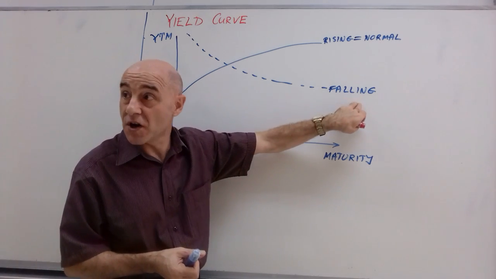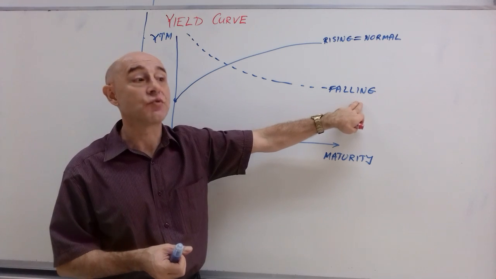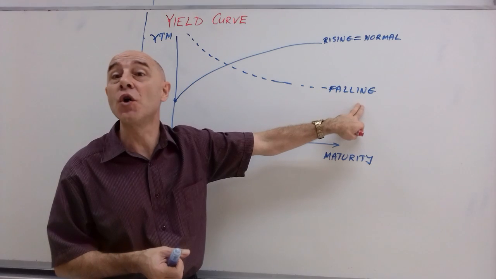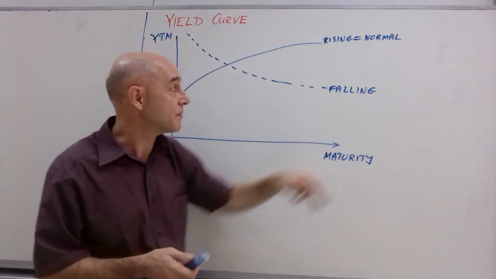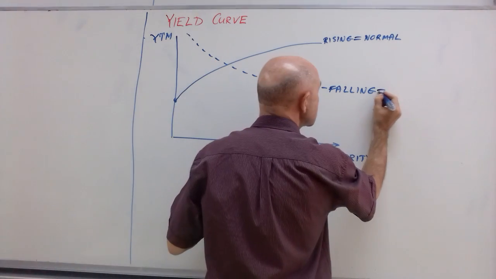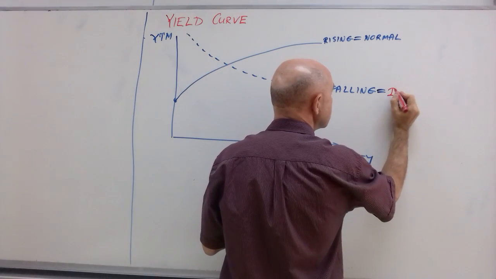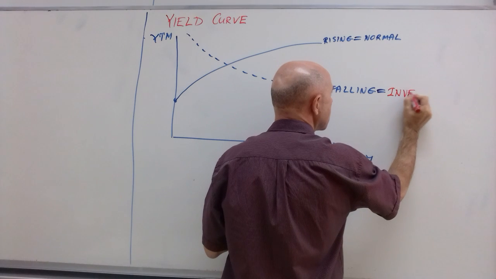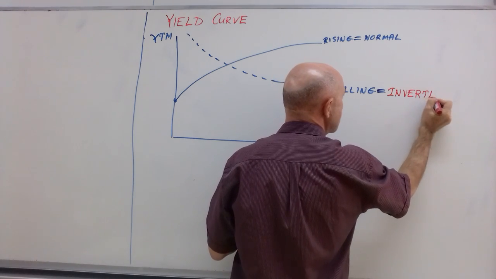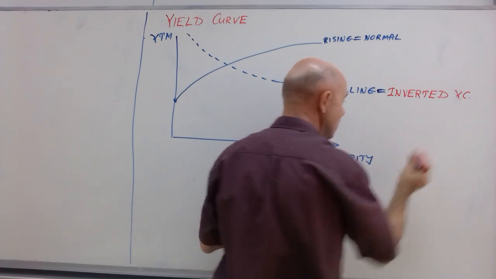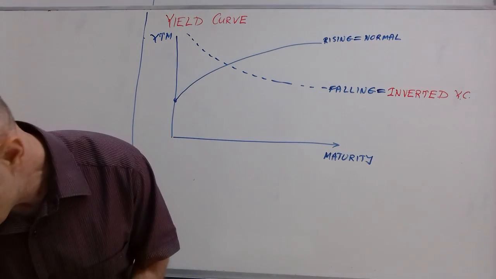So, weak economy and recession. Recession expectations, or the economy is already in recession. This falling is called, it's got a special name, it's called inverted. Inverted yield curve.